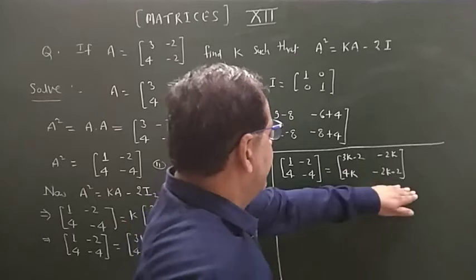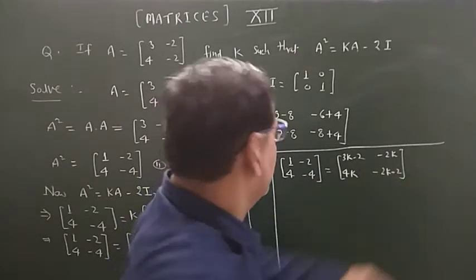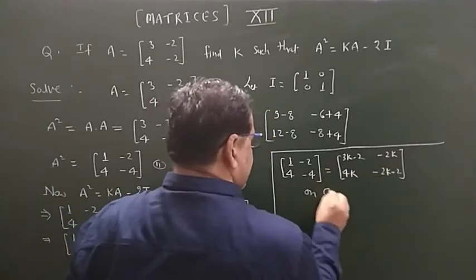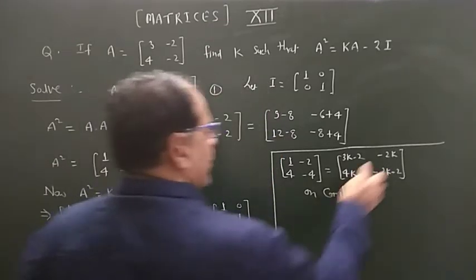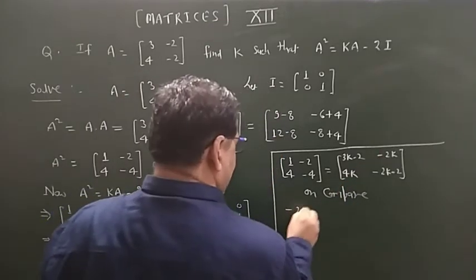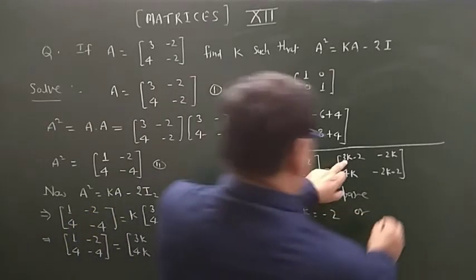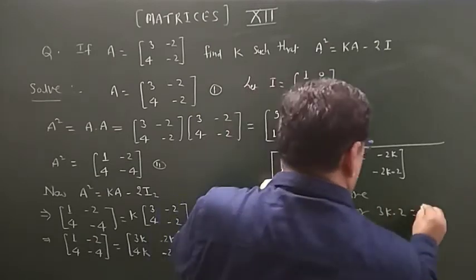So there are two matrices, one on the left hand side, one on the right hand side. Both matrices are of order 2 by 2 and they are equal, so we compare. Here minus 2k equals minus 2, or 3k minus 2 equals 1.